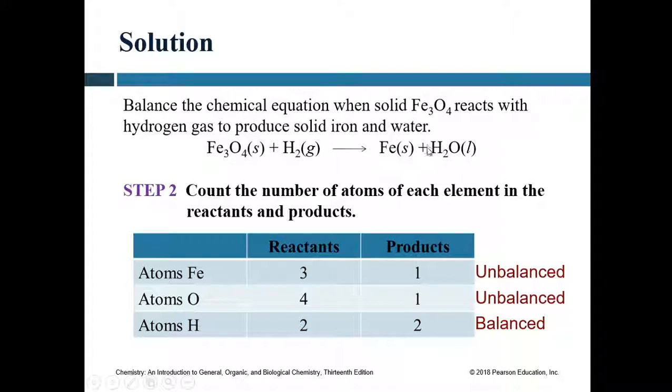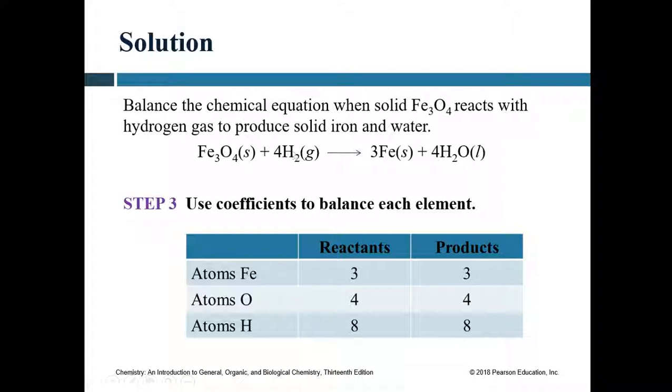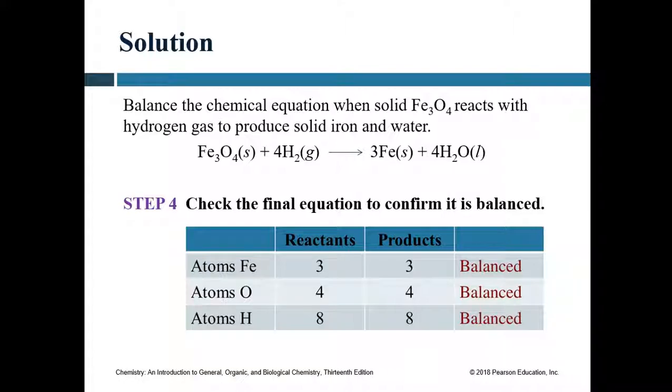If I put a 4 here, I would have my oxygens balanced at 4, but then let's recount my hydrogens. If I have this 4, 4 times 2 is 8. I have to come over here and put a 4 here to make those hydrogens also be 8. Notice this is exactly what I mentioned. And it's balanced.